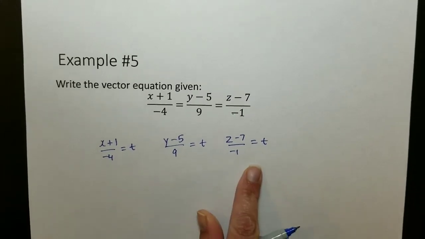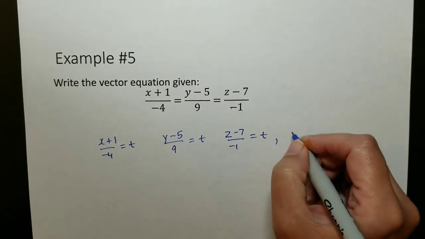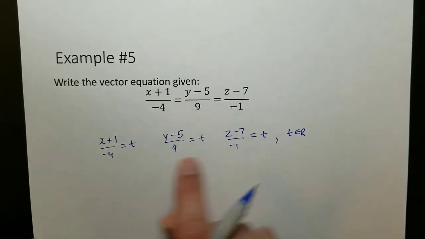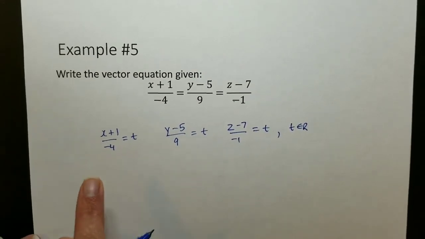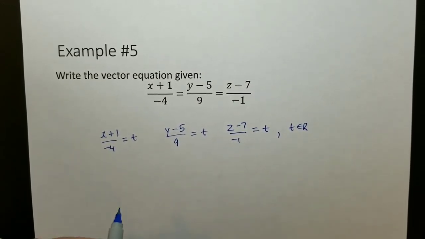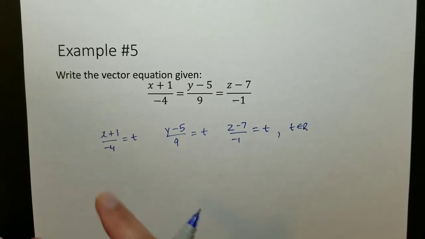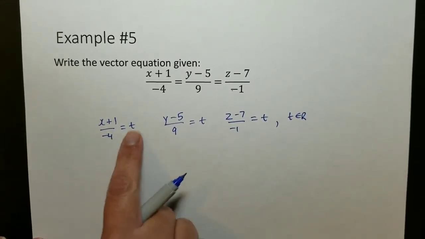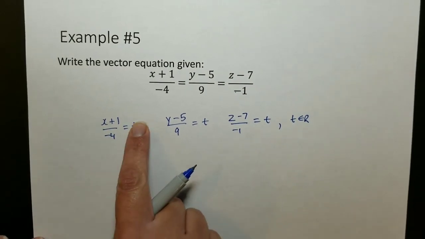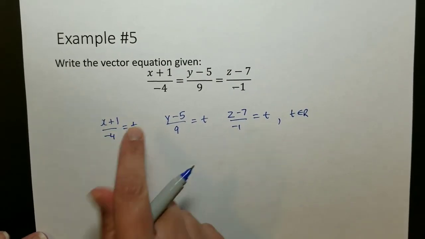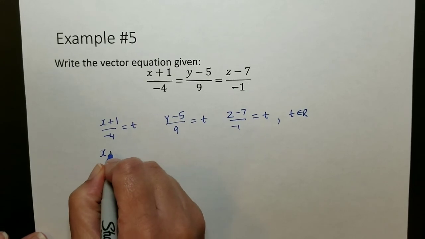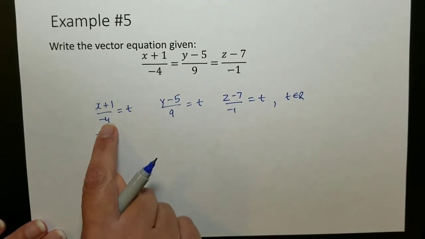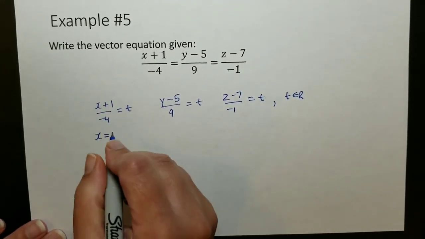So this is just rewriting. And then I'm going to solve these. Normally we had x equals, y equals, z equals, and we solve for t. Now we've got t equals, we're going to go the opposite direction. So I'm going to solve this one for x. So multiply up the negative 4 and bring that 1 over. I'm going to do this all in one step, but you don't have to. So it's going to be negative 4t and then a minus 1.